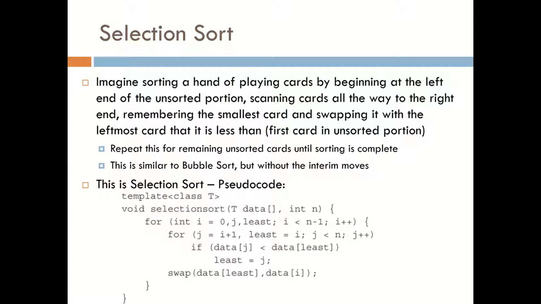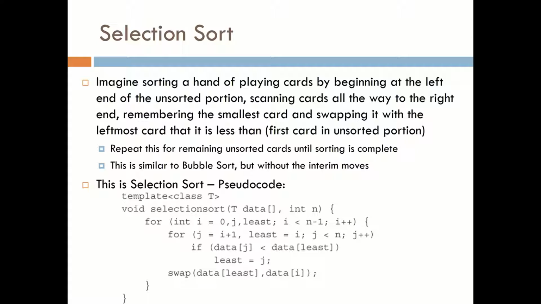You look all the way to the right end of the array, and you remember the smallest card. This is how this particular algorithm is different from bubble sort. Bubble sort just finds things that are out of order and tries to place them by bubbling them, if you will.